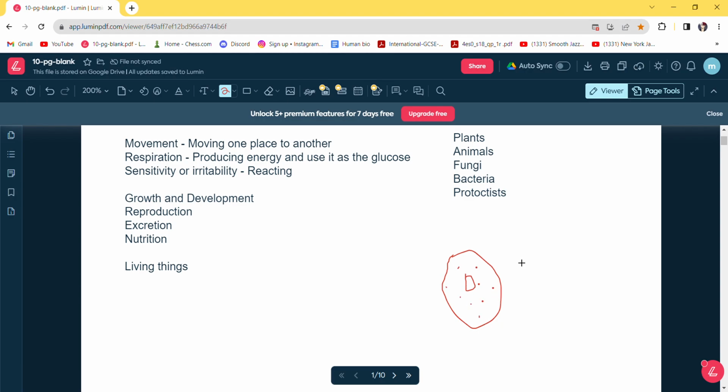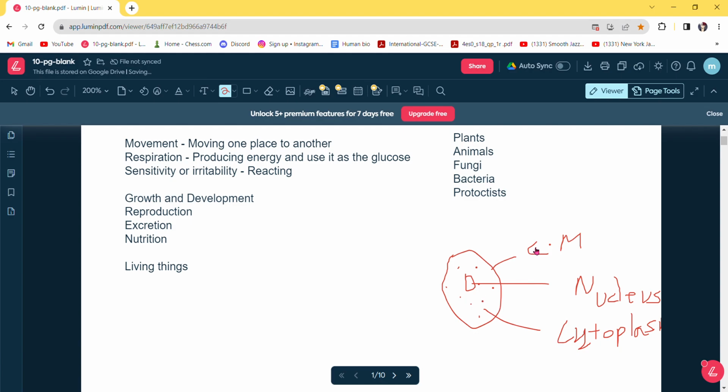So this is the cell membrane. I'm just going to write cell membrane like this. And this one's the nucleus. You probably have learned this. And this one is, as you can see, the cytoplasm. So each one has a role over here.